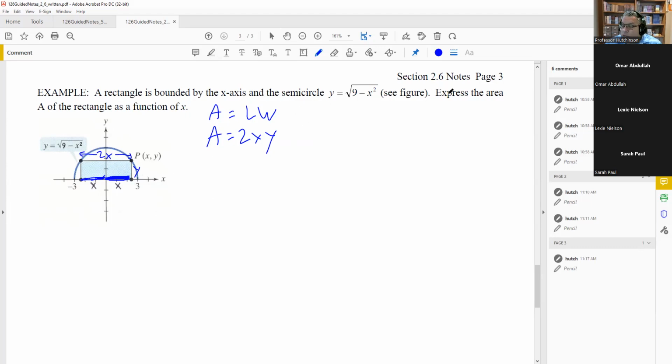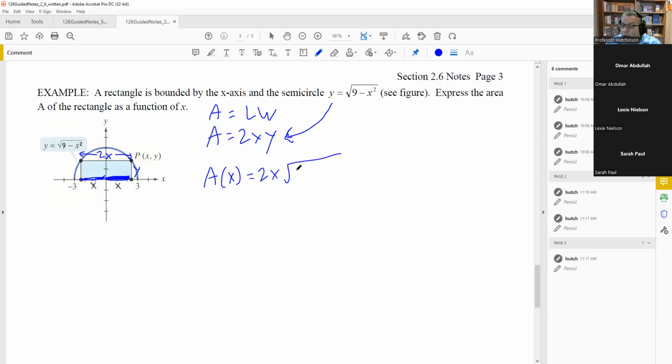Now it does say you want to express the area as a function of x. So I need to get rid of this y that's here. The way we do that is notice that it actually gave us the y. Y is equal to the square root of 9 minus x squared. So this is now going to be area as a function of x, since x is the only variable we're going to have in here now.